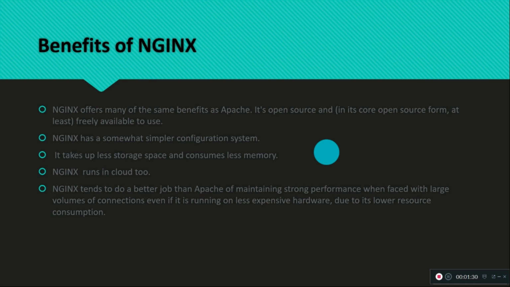So we can run it on any operating system, like we can deploy Nginx server on a desktop with a low configuration, and we can install Nginx in the cloud, so that it will take less memory and less space, so we can save a lot of cost when we use Nginx in the cloud system.